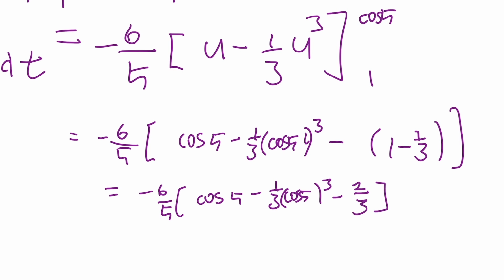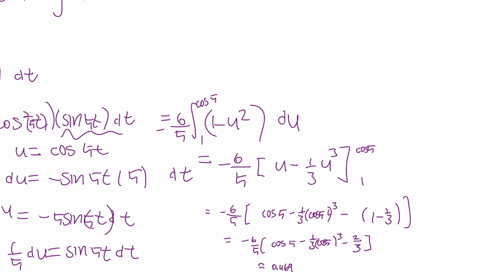Yep, so this would be our answer. Plug it into your calculator and you'll get the full answer. As for the value of s of 1, I'm getting about 0.469.